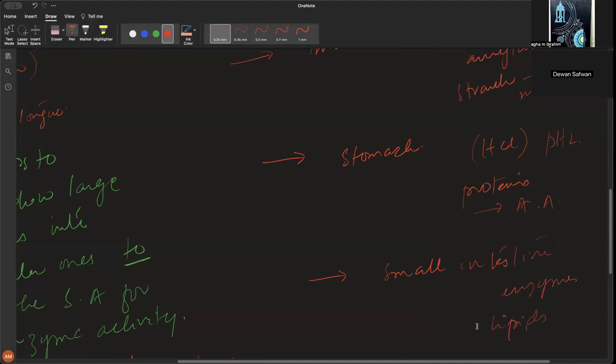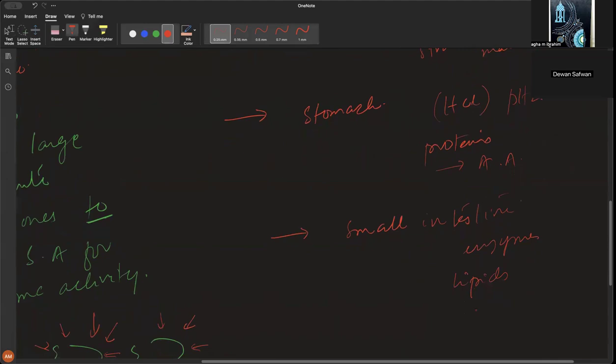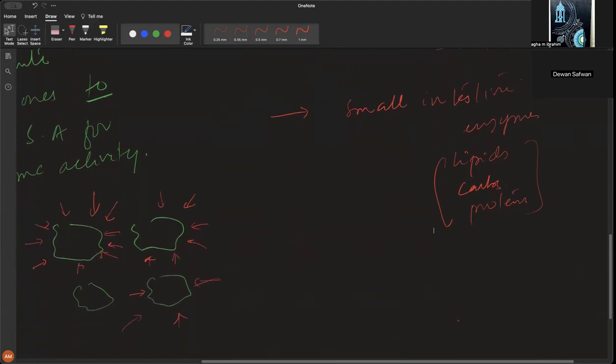Lipids, and then you have carbs, some proteins. All of these are digested over there. There's no digestion taking place in the esophagus. There's no digestion taking place in the large intestine.